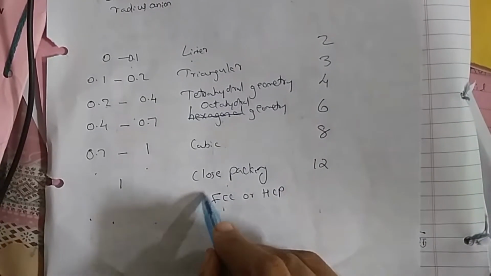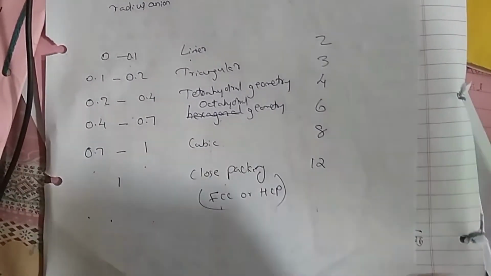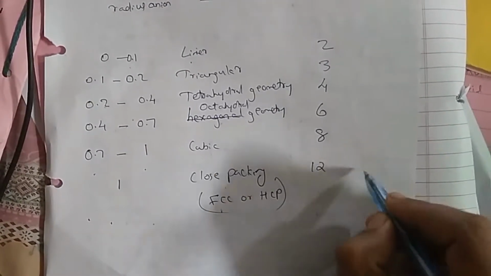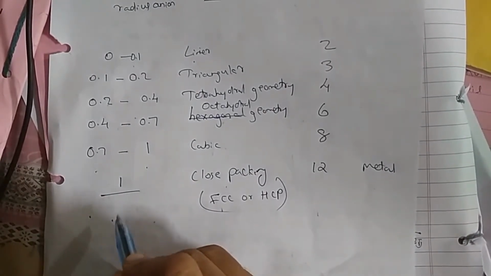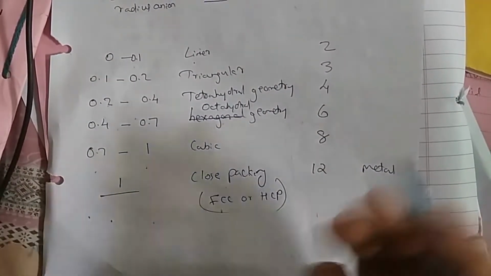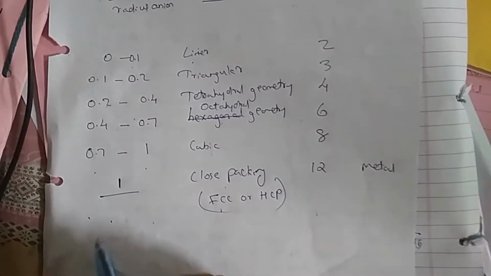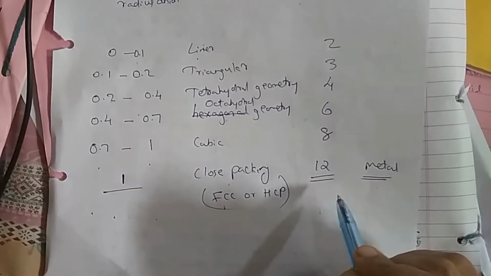In both cases its coordination number will be 12. In metals, cations and anions are both the same metal, so that ratio will be 1 and its coordination number will be 12. Examples are generally metals.